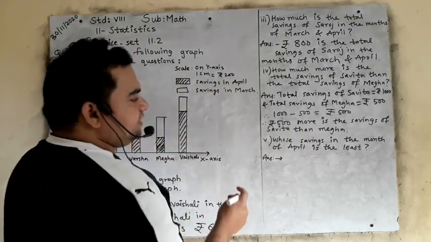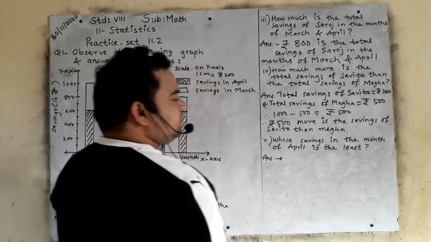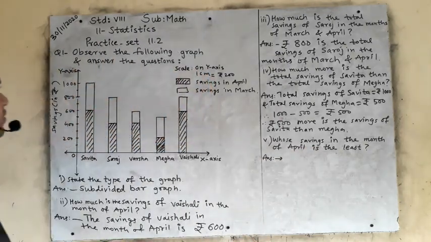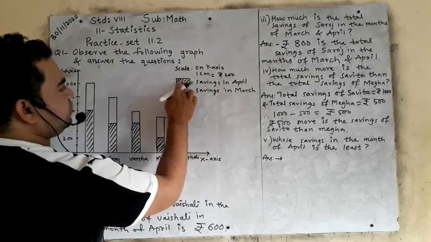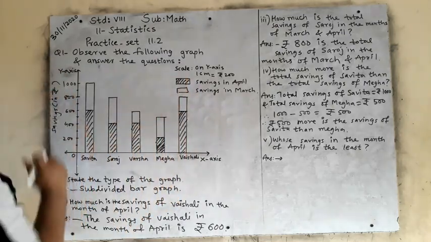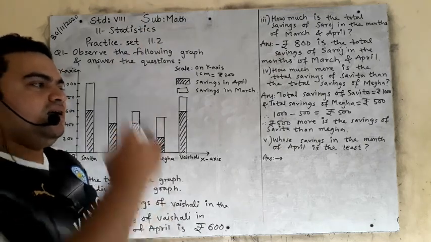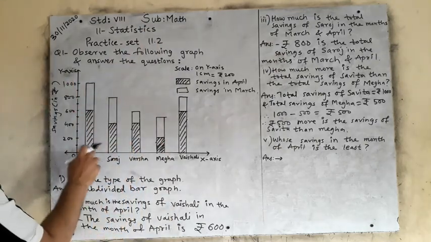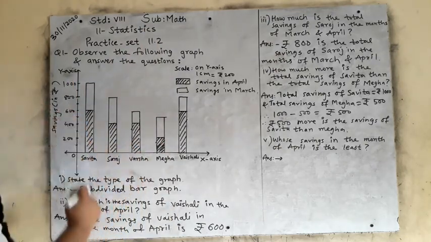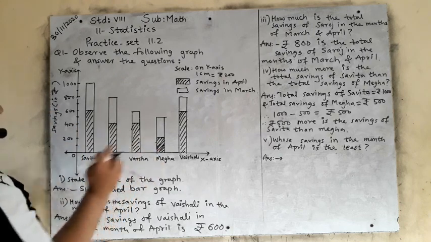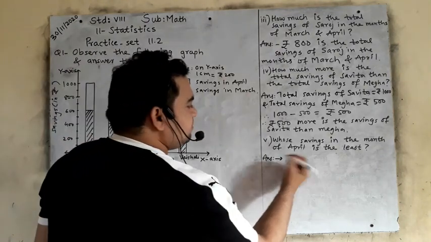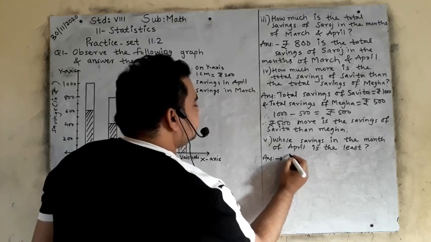Now we will write: whose savings in the month of April is the least? The month of April is shown by the filled box. Least means सबसे कम. Maximum means सबसे ज़्यादा. Least means सबसे कम. Which one is the least? Megha. So whose savings in the month of April is the least?